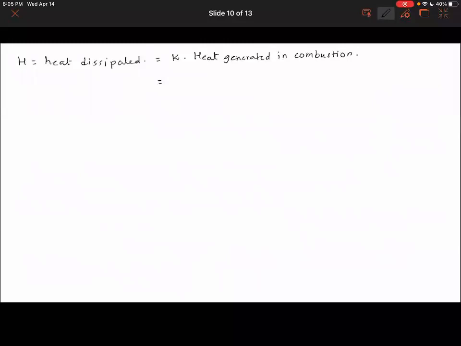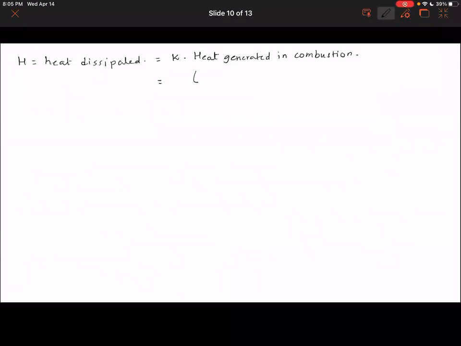So how do we find out the heat generated in the combustion process? Heat generated in the combustion process is coming from the burning of fuel, and calorific value is the amount of energy that fuel contains. There are two types of calorific values. One is the higher calorific value, called HCV, and the other is the lower calorific value, called LCV.